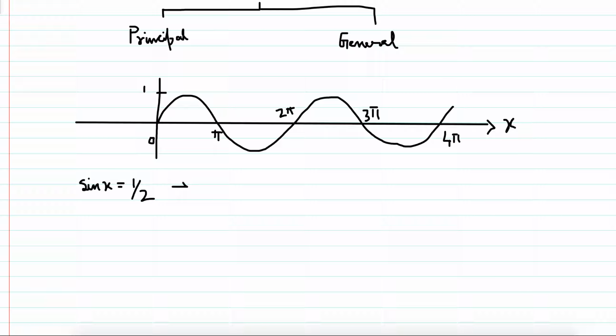We had studied that sin 30 or sin pi by 6 is half. So this will be pi by 2 and half is somewhere here. At this point it's half at this value. But you see that here also it's the same value.